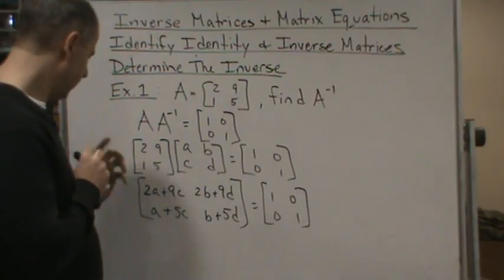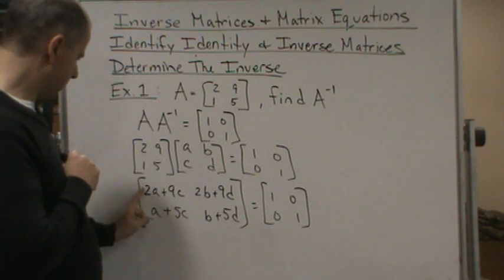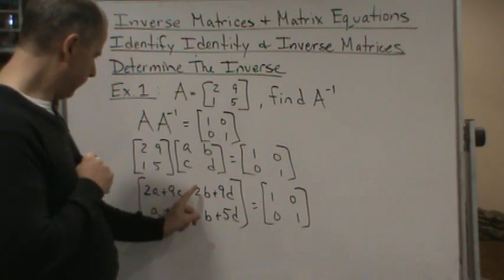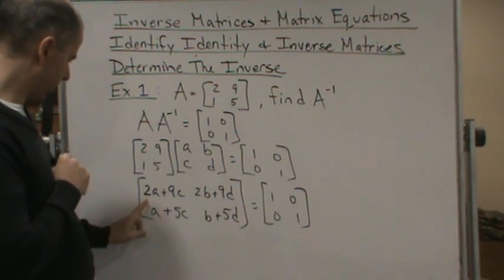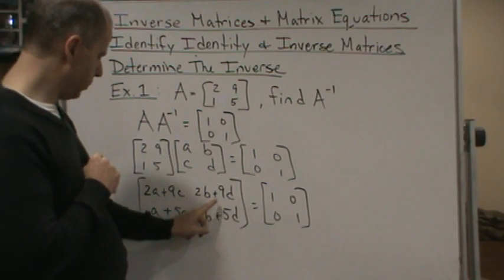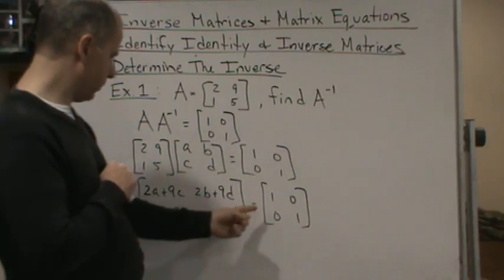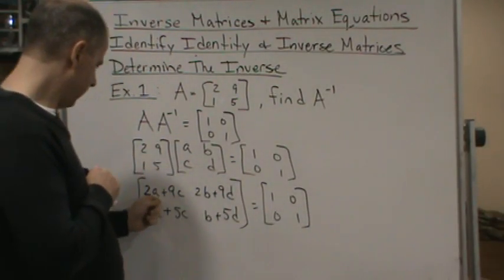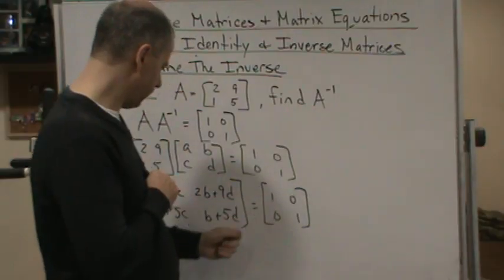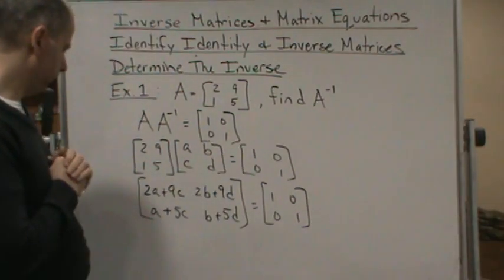Also notice that this matrix is repeated right here and right here if you look at the coefficients: 2, 9, 1, 5, 2, 9, 1, 5. So these two are equal to this column, and these two are equal to this column.